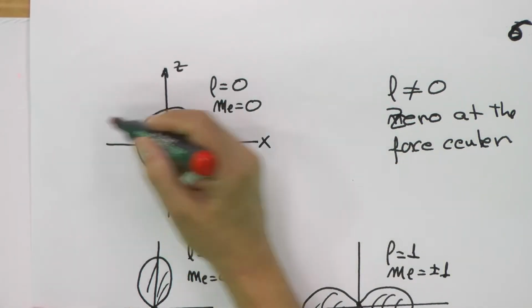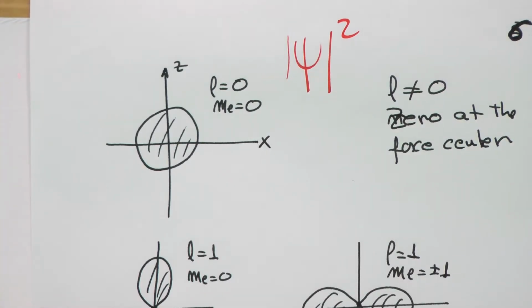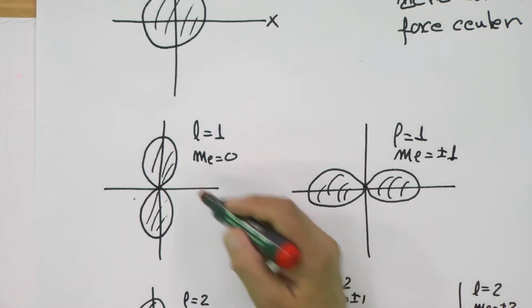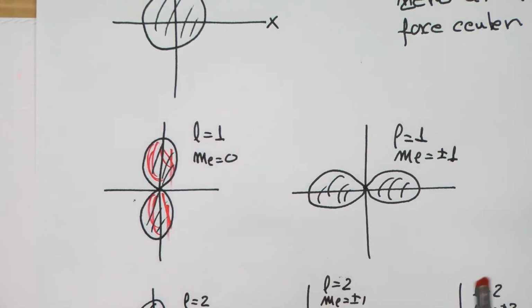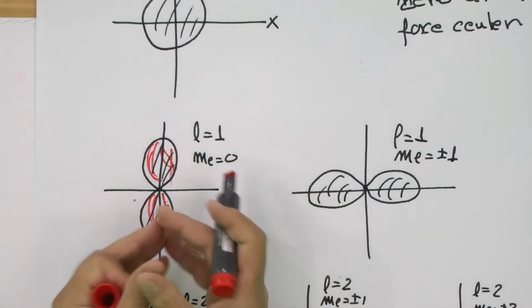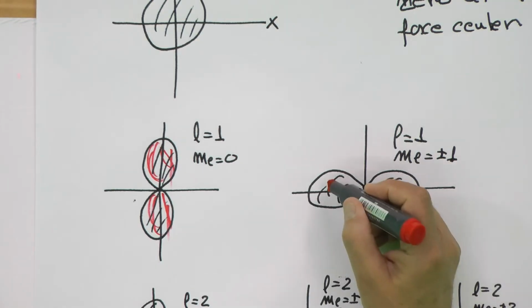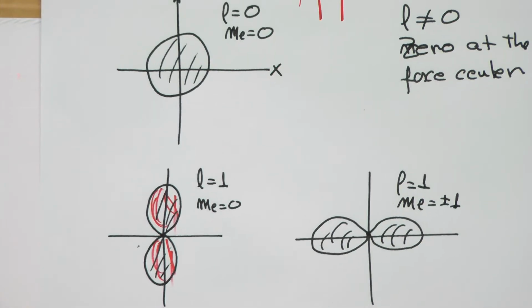What I'm representing here is exactly psi squared. It can either be spherical or have those lobes, like little bumps on the side. This is three-dimensional, right? You have to imagine two little bumps, one on each side. If L equals 1, you see, when L equals 0 it is fully spherical, and that's the S state.